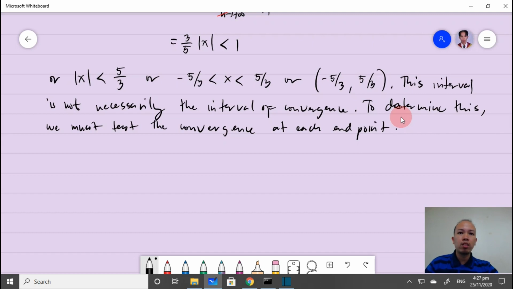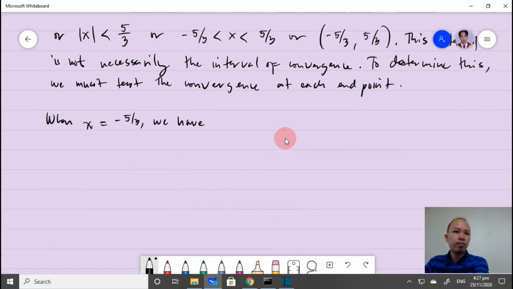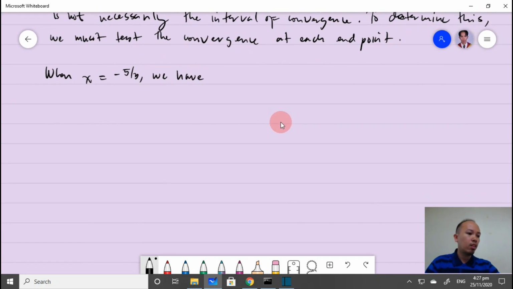Okay, so when x is equal to negative 5 over 3, what will happen here? Just look at the given series and replace x by negative 5 over 3.